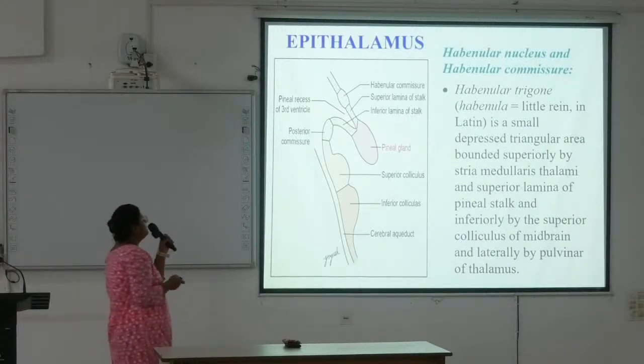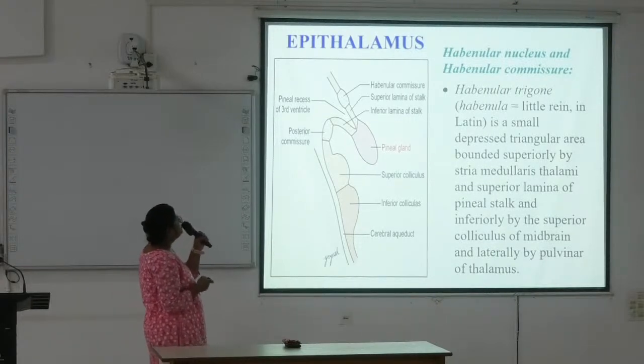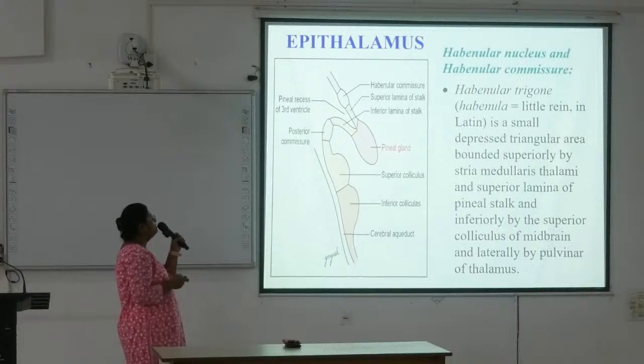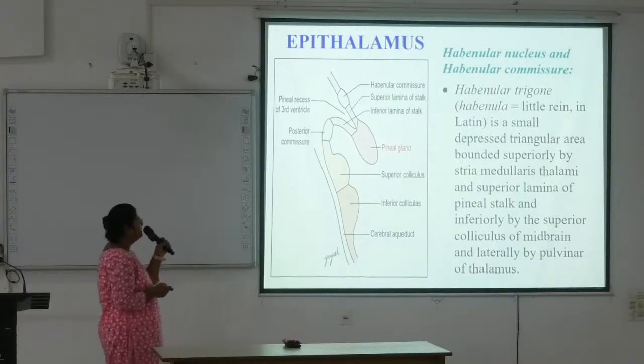Next, we go to the habenular nuclei and habenular commissure. Habenular trigone. Habenula means little rein in Latin.